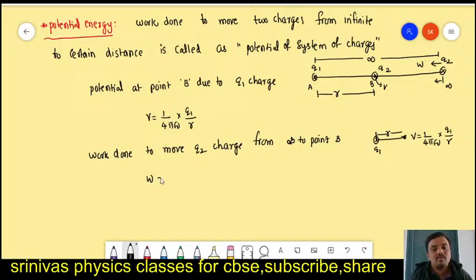We know the potential formula is the work done by a test charge that we move from infinity to some point. The test charge, not the source charge, we take as Q naught. But here the test charge is Q2, so the work done is V into Q2. The potential is V, but we are moving the Q2 charge, so work done equals potential into Q2.